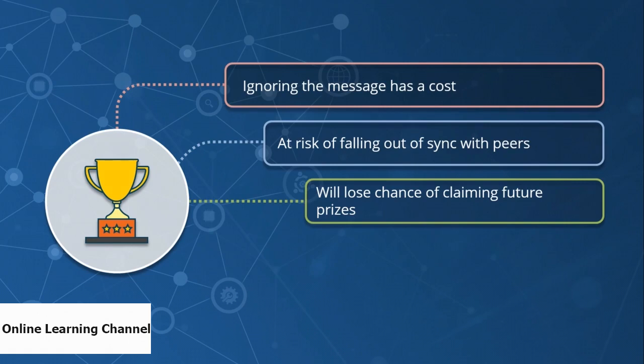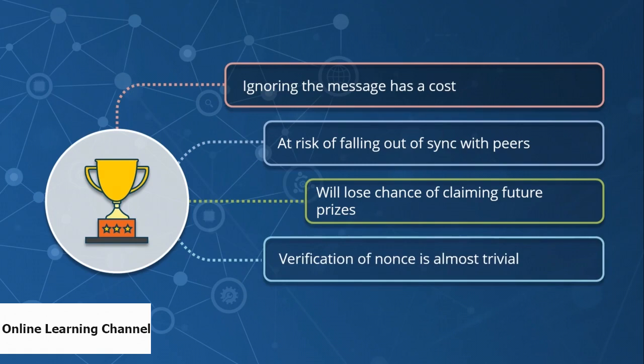So the reason why this proof of work puzzle works for the Ethereum network is because the verification of the nonce is almost trivial. All of the nodes performing the verification will verify the individual transactions, but following that, computing the block hash and then verifying that it is less than the target hash value is a rather simple operation.